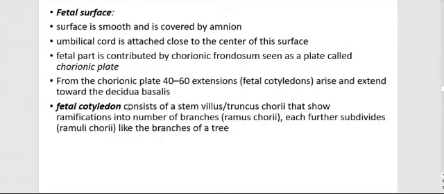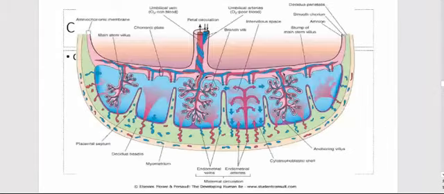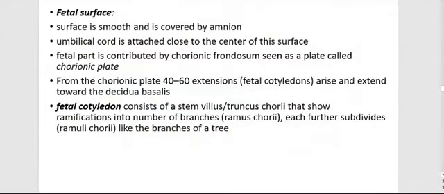A fetal cotyledon consists of a stem villus, truncus chori, that shows a number of branchings. Those branches, which I already showed you: the stem villus, ramus chori, ramuli chori, and then the smaller ones, the floating villi. So these are the fetal cotyledons.